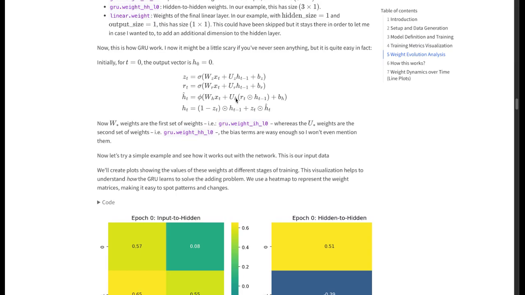So UZ, UR, and UH. Well, actually it's UR, UZ, and UH in order down. But they happen on the hidden layer. So they happen on the same level, but on a different layer.